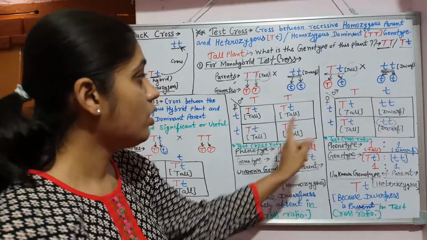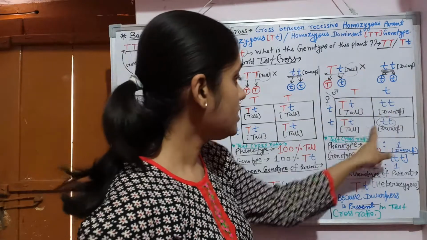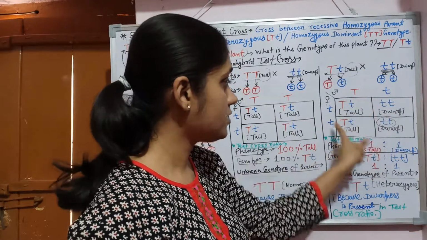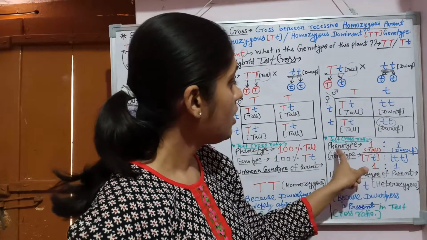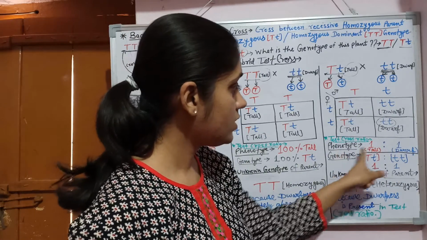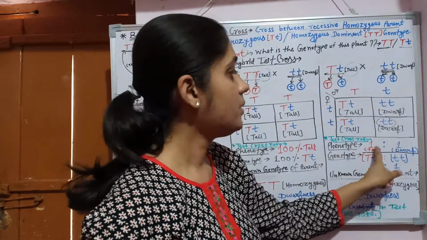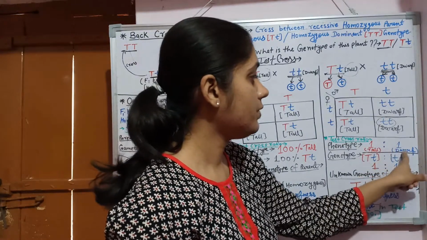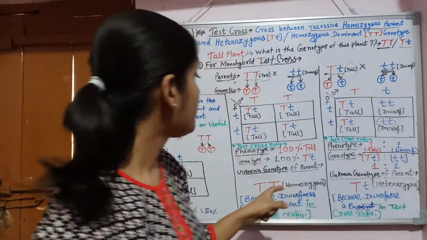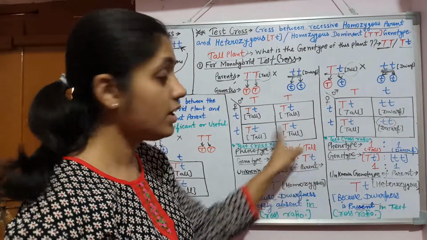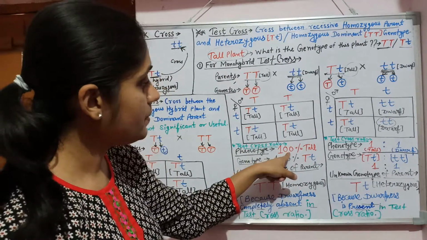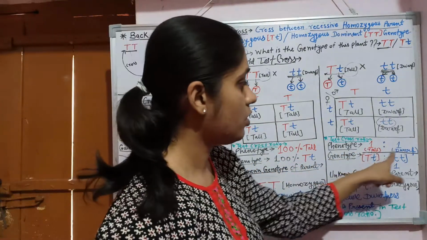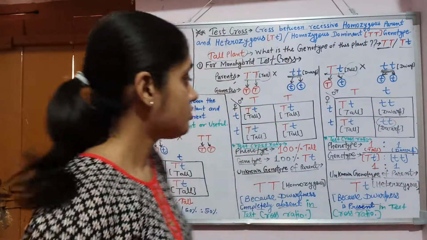So 100% tall, but after the test cross, in this Punnett square or checkerboard, you will get the phenotype of the test cross ratio, which is 1:1. 50% of plants were tall and 50% are dwarf. Either here 100% tall, or here 50% tall and 50% dwarf.